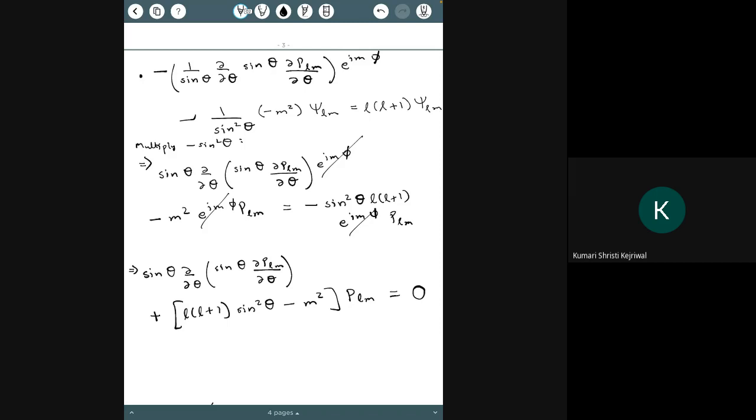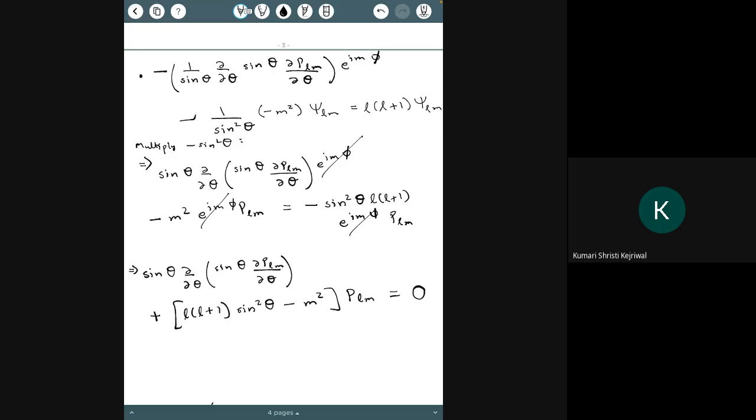Now, if we change the variable to cos theta, then this equation gets simplified. Writing a function of theta as a function of cos theta is always possible. It's only the range of values of the function that changes.